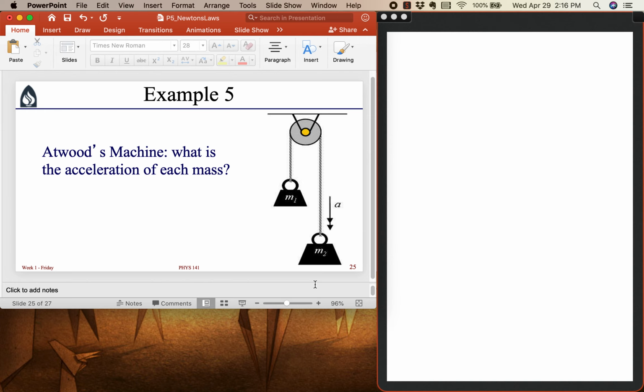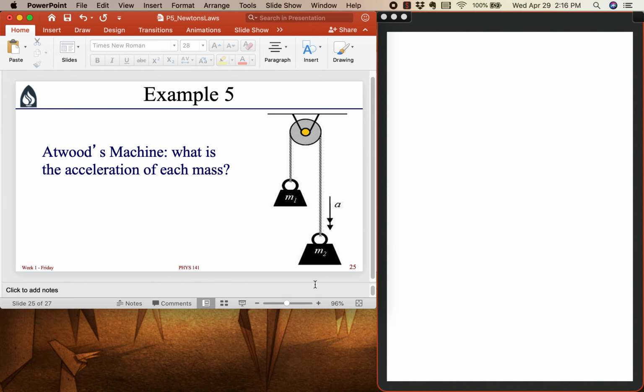So we're told that we have these two masses, m1 and m2. We don't know what the exact numbers are, but we should still be able to come up with an expression for the acceleration of the two masses that involves the two masses. And then once we get numbers for those two masses, we could just plug them into the equation that we get.